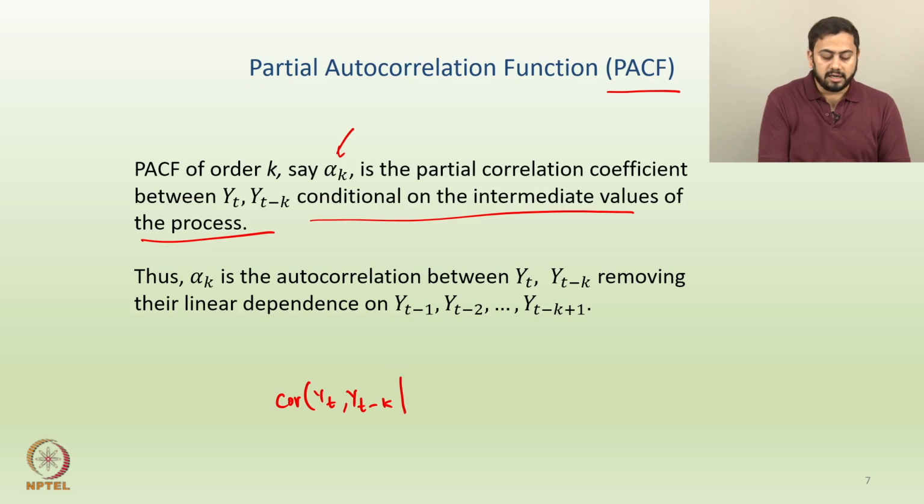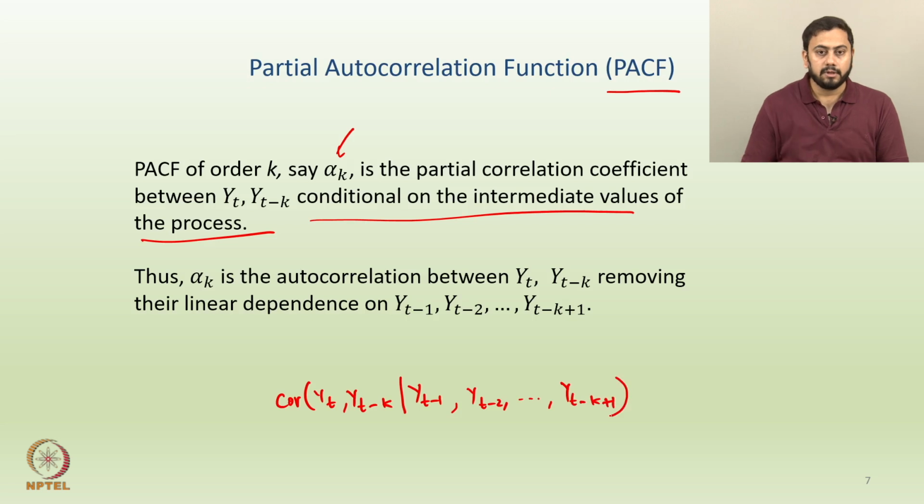So again if you read this statement, it is the correlation between two variables, yt and yt minus k, conditioned on all the intermediate values. What are the intermediate values, or what values fall between these two? They are yt minus 1, then yt minus 2, etc., up to yt minus k plus 1.